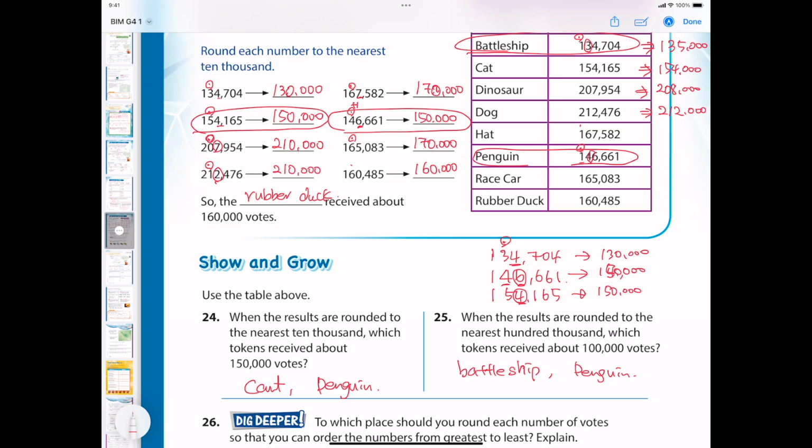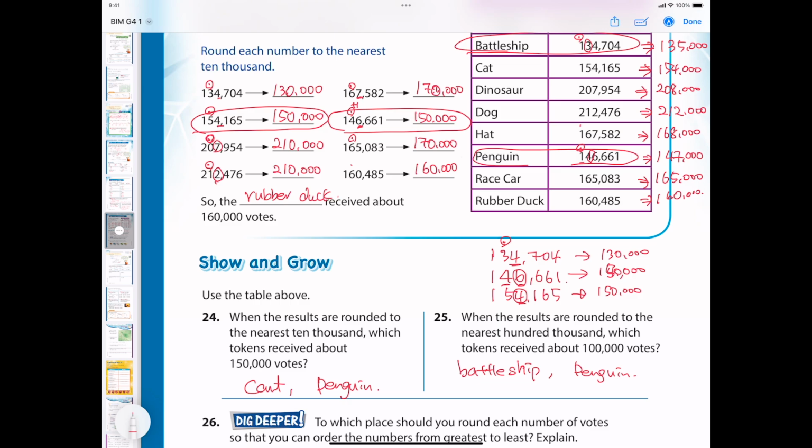I'm rounding into the thousands place, okay? So 168,000 and 147,000, and this becomes 165,000 and 160,000. So you can place that from least, which is the battleship, to greatest, which is the dog.